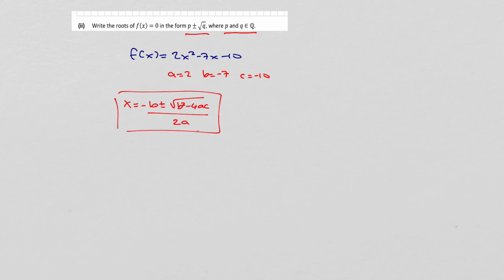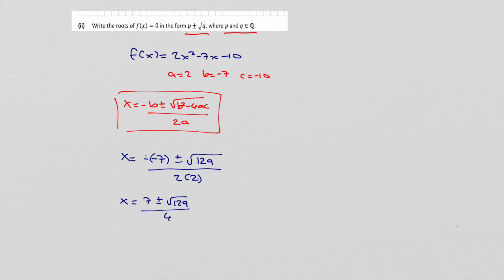We've already established that b squared minus 4ac is 129. So we have minus b, that's 7, plus or minus the square root of 129, all over 2 times a, which is 4. So that gives us 7 plus or minus the square root of 129 over 4.